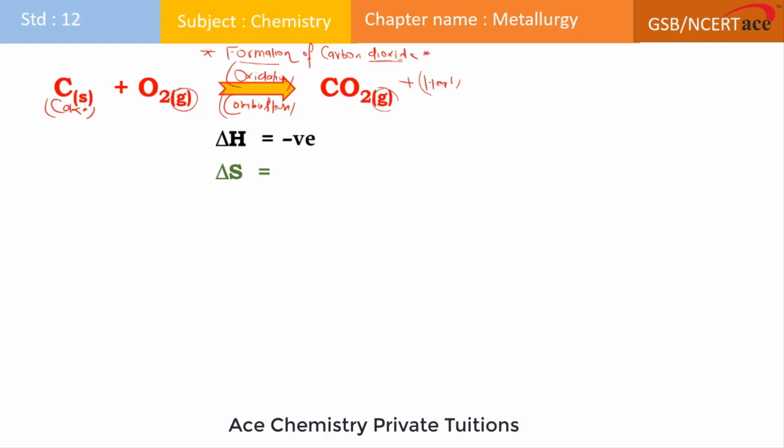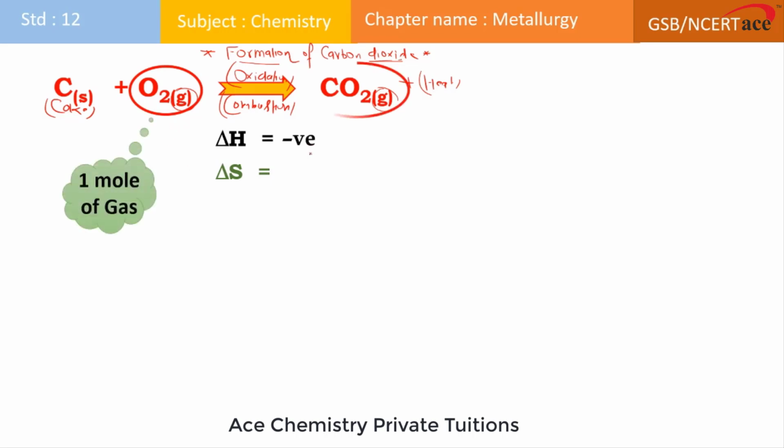If both physical states are gases, then we generally check the number of moles of the gases on the reactant side and the product side. On the left hand side, the number of moles of oxygen is 1 mole. And the product formed is also 1 mole. Let us check the value once again: 1 mole at the reactant side and 1 mole at the product side.